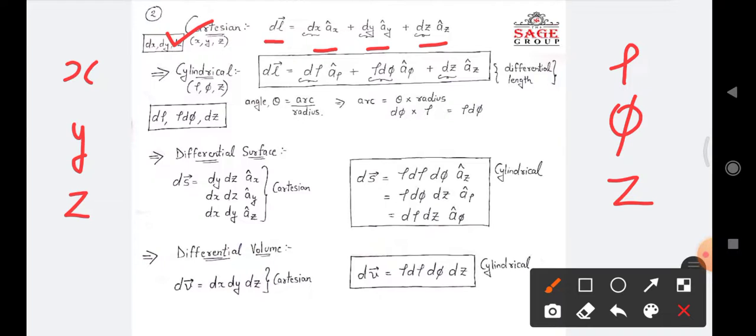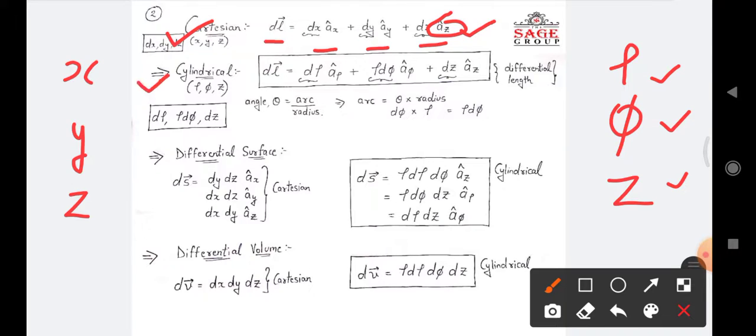Many students think, sir, please replace these x, y, z differential parameters and unit vectors with rho, phi and z. Yes, I can easily replace, but there will be a slight change. Now I tell you that.